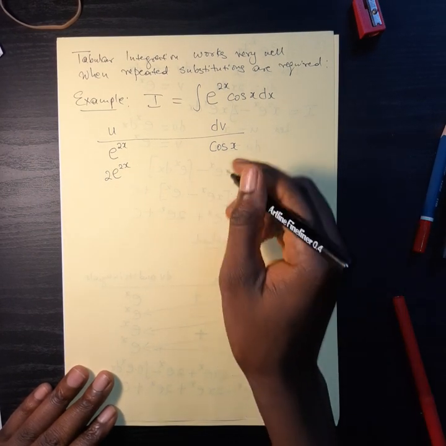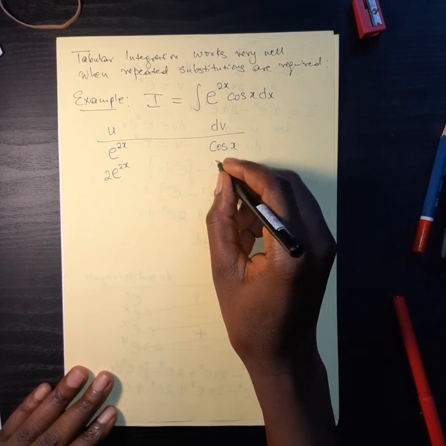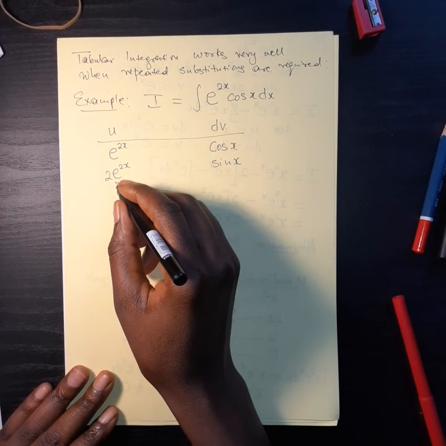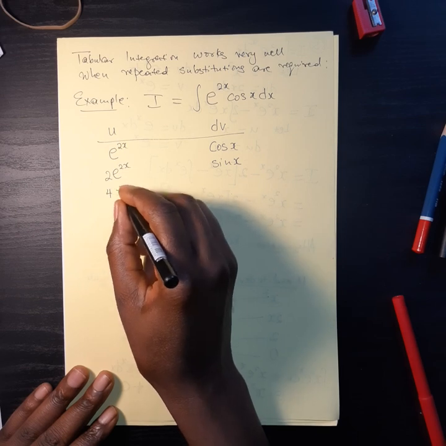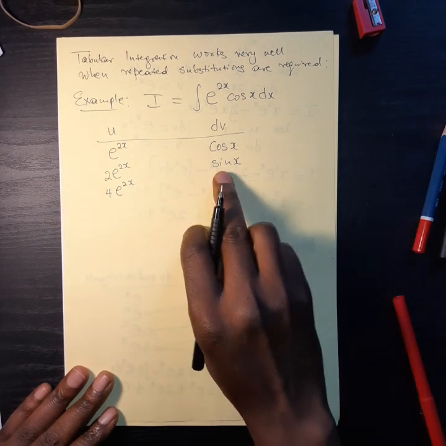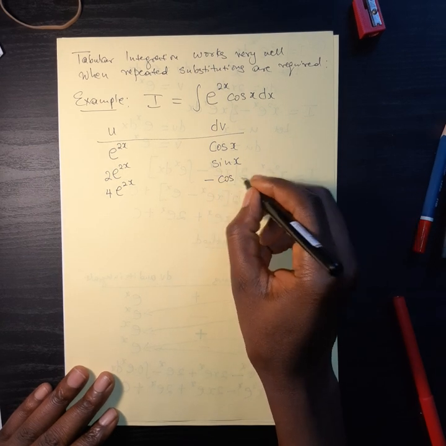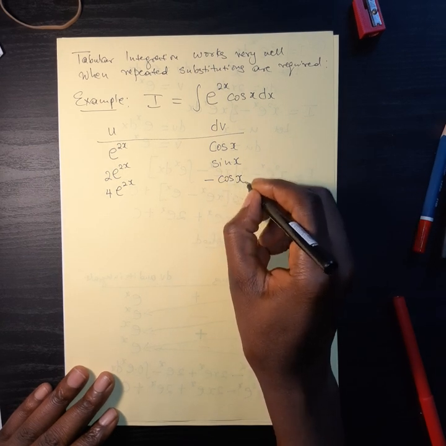Integrate. The integral of cosine of x is sine of x. Differentiate, you get 4 e to the power of 2x. Integrate sine x, you get minus cosine of x.